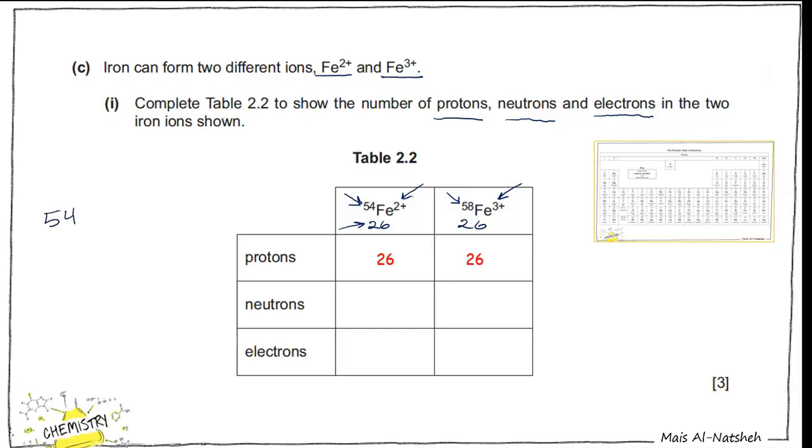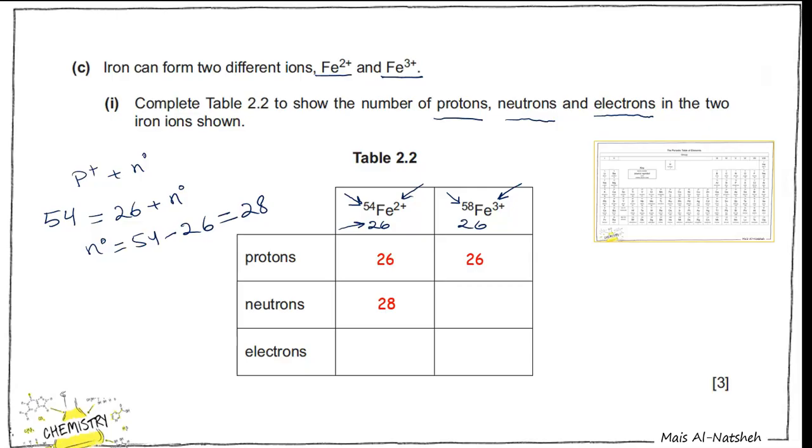We have 54 as mass number, and we know that the mass number represents both protons and neutrons. So we will say 54 equals 26 plus the number of neutrons. So number of neutrons will equal 54 minus 26, and that equals 28 neutrons.